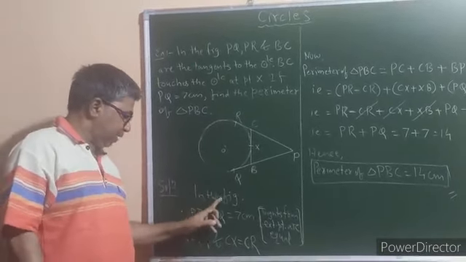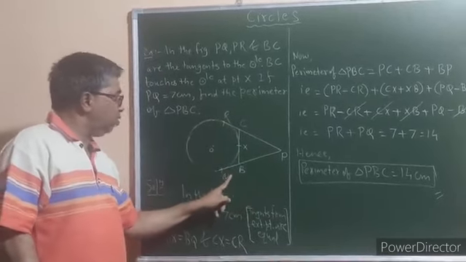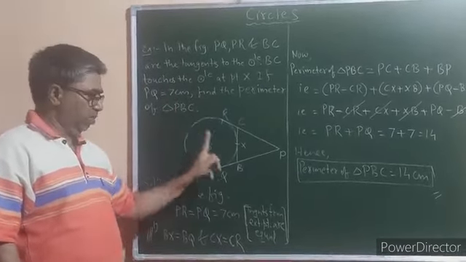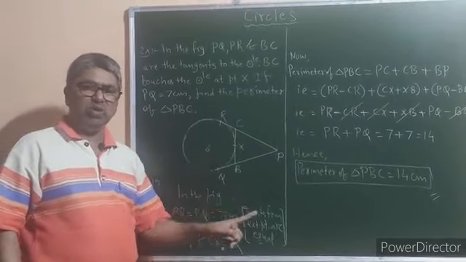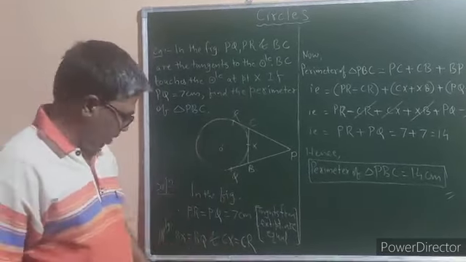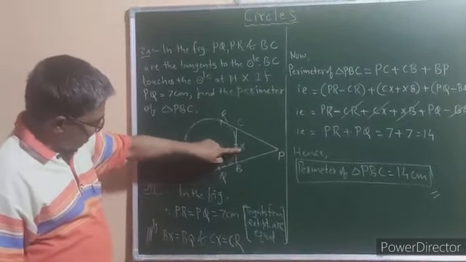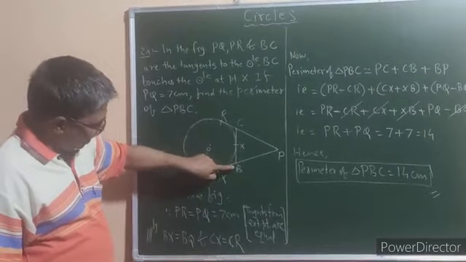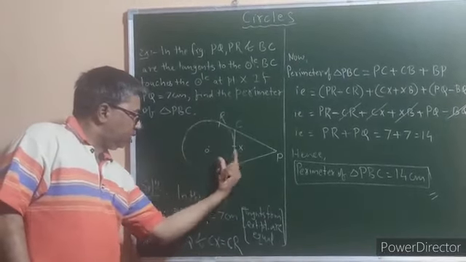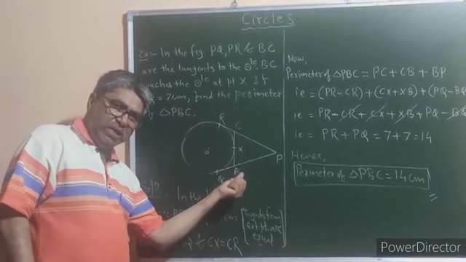So, solution. In the figure, PR is equal to PQ is equal to 7 centimeter, because from theorem 2, the tangents drawn to the circle from an external point are equal. Now, similarly, BX and BQ are the two tangents drawn from external point B. They are also equal in length.